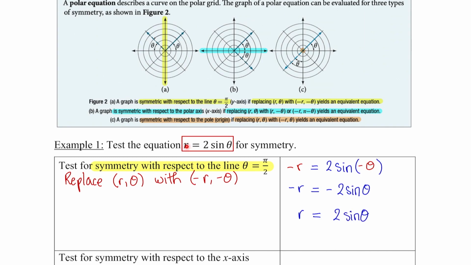I replaced r with negative r and theta with negative theta and ended up with exactly the same equation, which means this equation passed the test for symmetry with respect to the line theta equals pi over 2. So this equation is symmetric with respect to the line pi over 2.